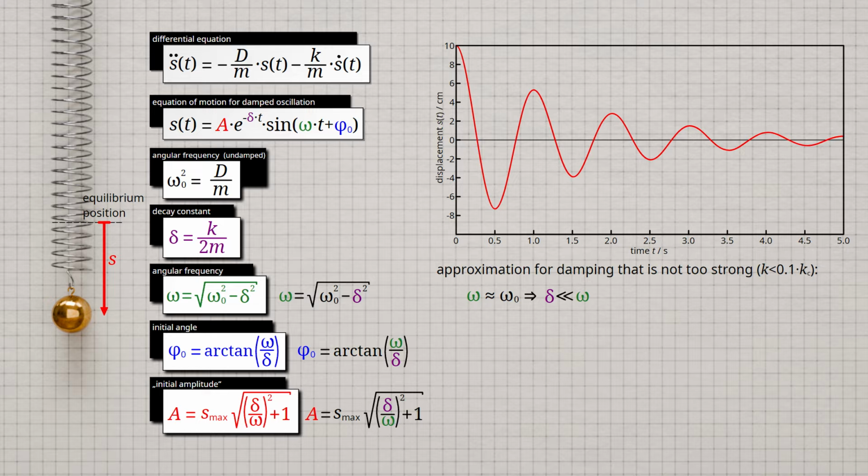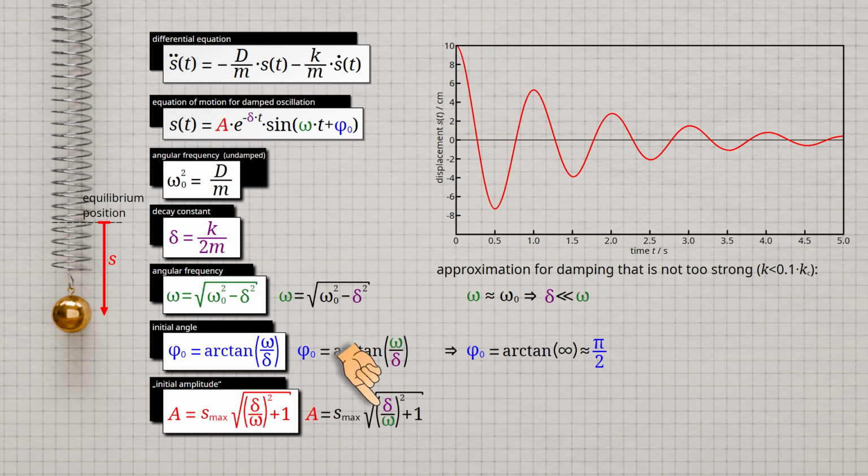This relationship greatly facilitates the determination of the initial phase angle phi 0. If delta is much smaller than omega, the quotient in the argument of the arctangent function becomes very large and theoretically infinite in the limit. In this case, the arctangent function yields the value pi over 2. The initial amplitude A can also be determined more easily under this assumption.